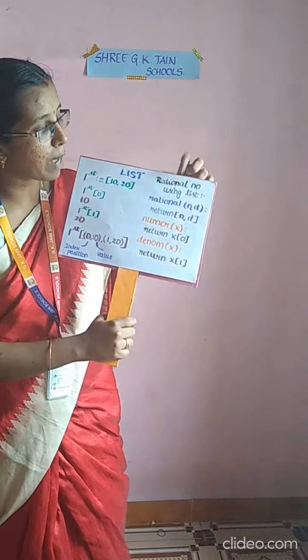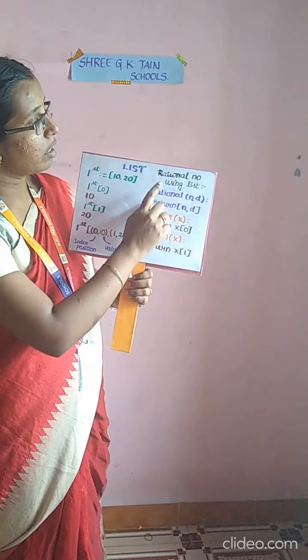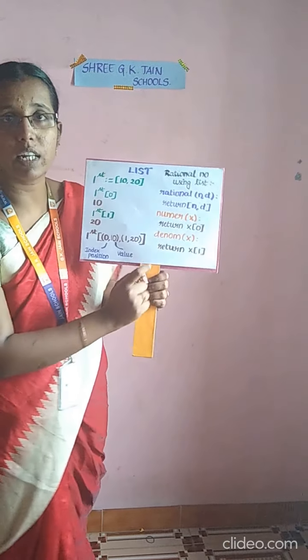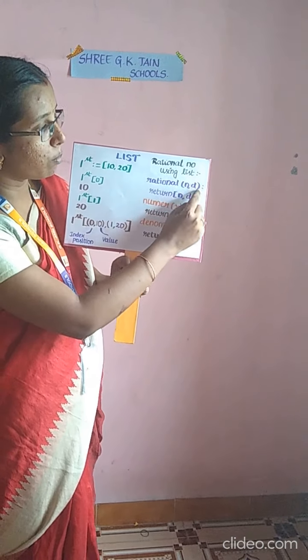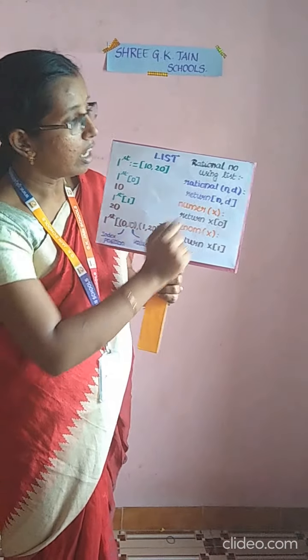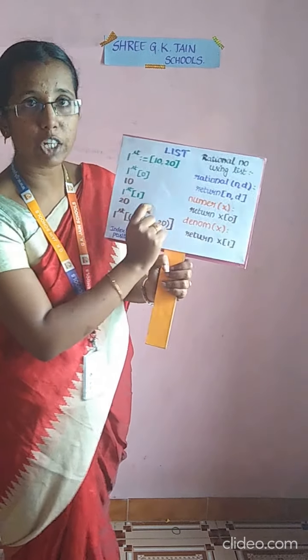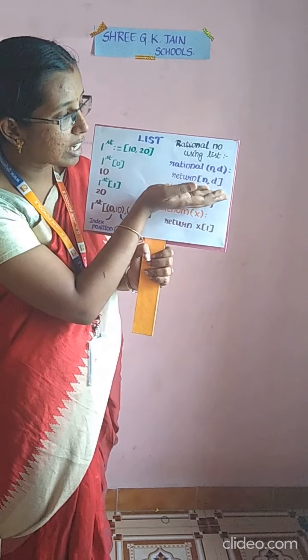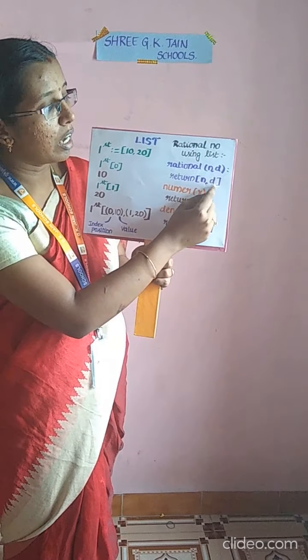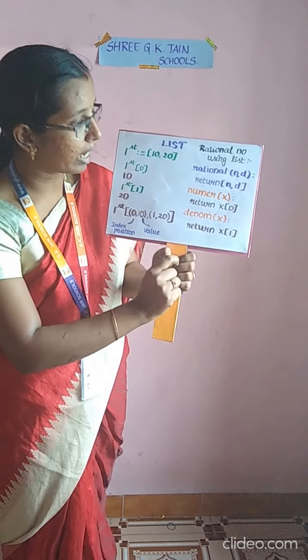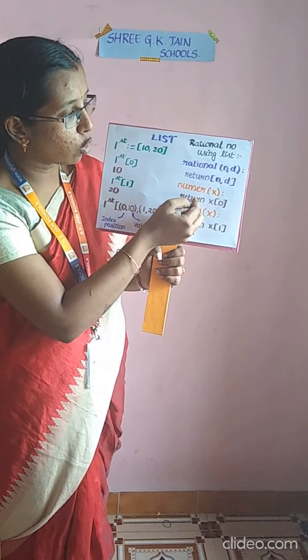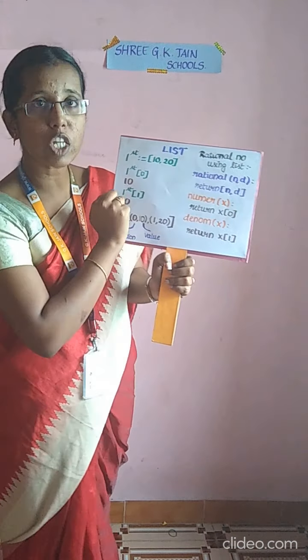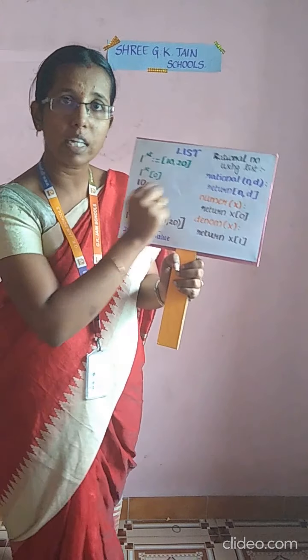And here is an example, rational number using list. I am here defining two parameters n and d inside a function rational, and that will be returned as a list here, same parameters n and d. So numerator of x will be denoted to the first parameter what you passed, n.